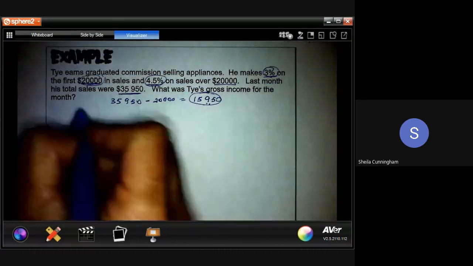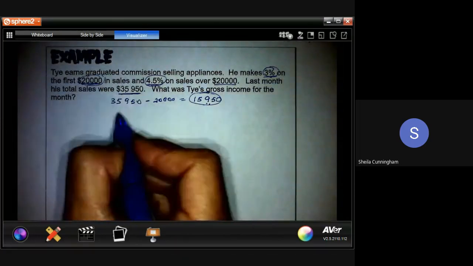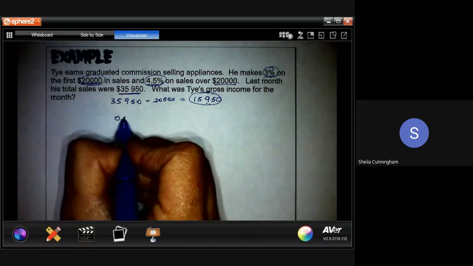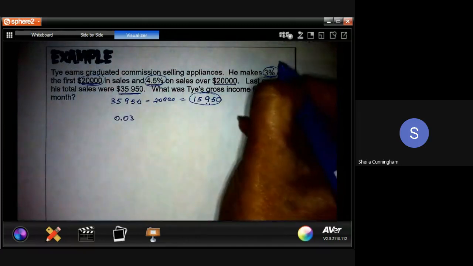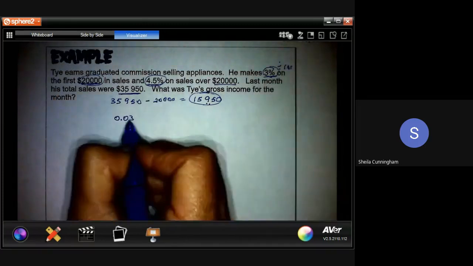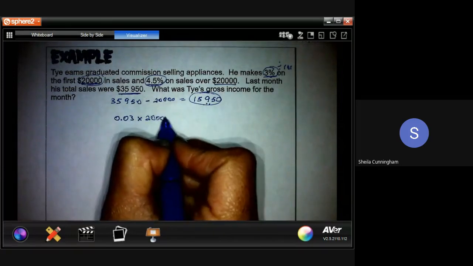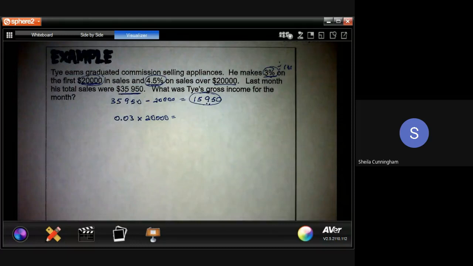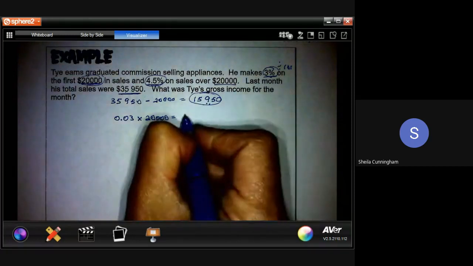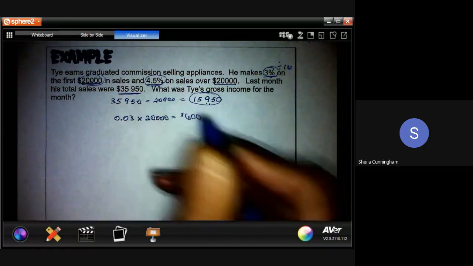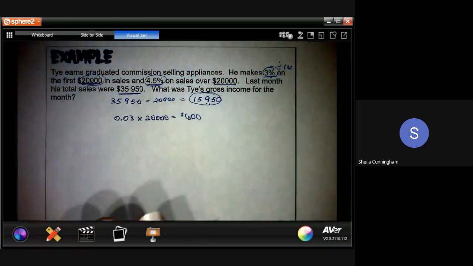So he's going to have the 3% on the 20,000. So we're going to take that 0.03 because it's a percentage, divide by 100. So you divide it by 100, you times it by the 20,000, and we're going to get 0.03 times 20,000, and he's going to get $600. So that's the first 20,000.